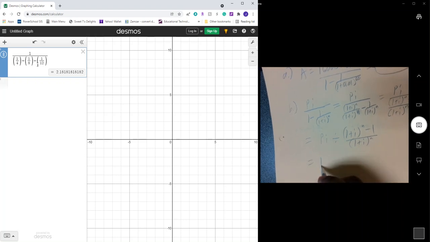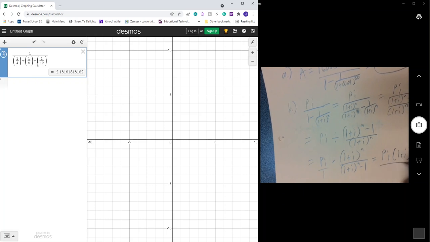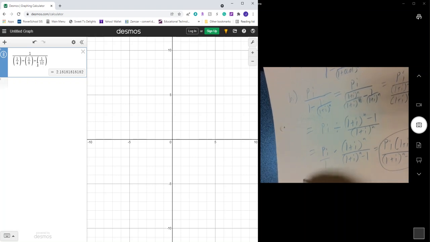And just like we did in the previous problem, we'll change division to multiplication, and it'll be Pi times 1 plus i to the n over 1 plus i to the n minus 1. So we'll put this over 1, and this will give us Pi times 1 plus i to the n over 1 plus i to the n minus 1. And that will be your final answer for B.